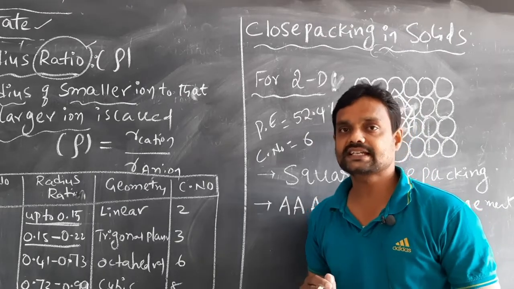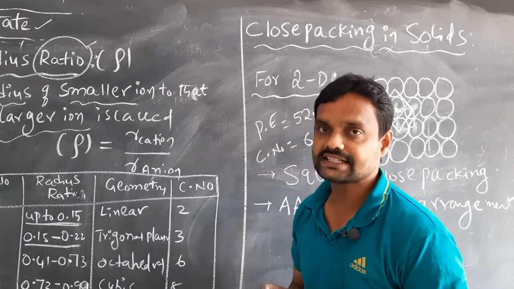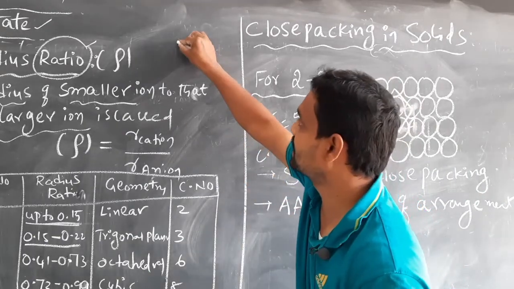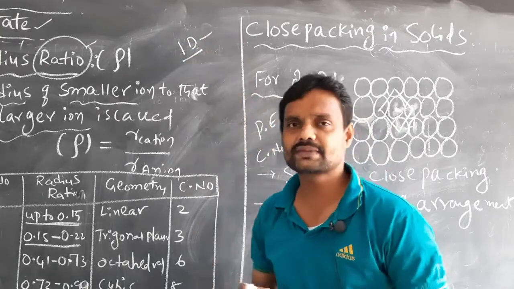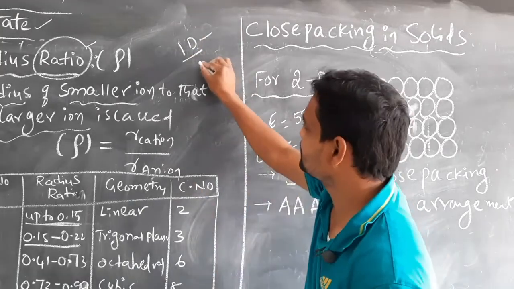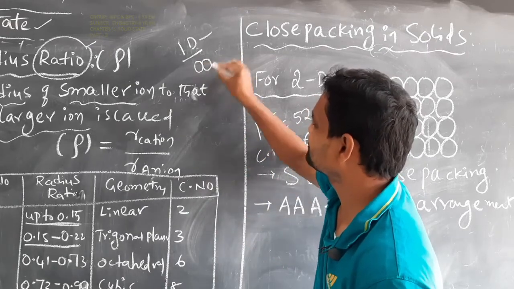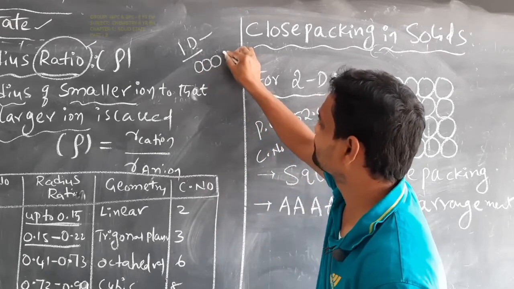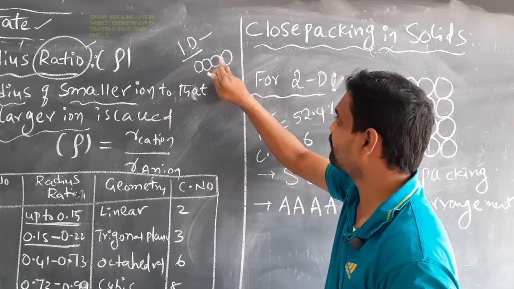So the close packing in solids, for example, if they are arranged in one dimension. One dimensional means, for example, this is an atom and this is another atom, then another atom and another atom. So these are the close packing of atoms.